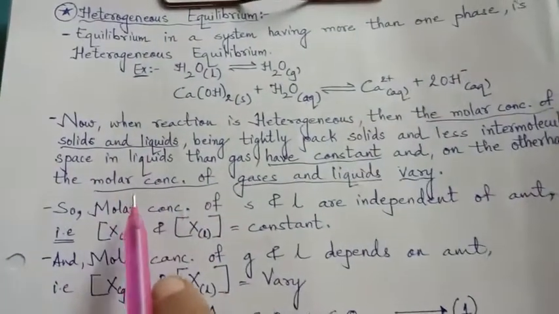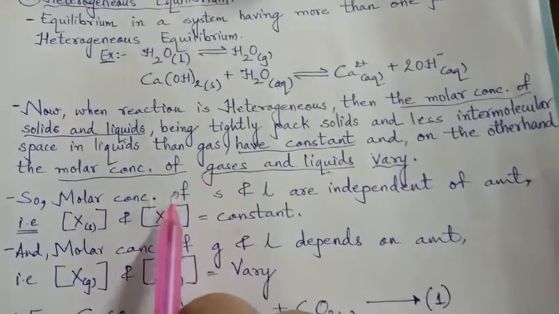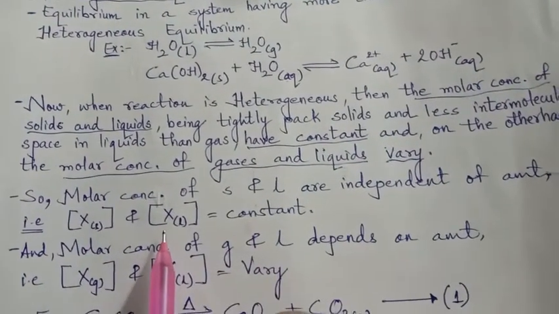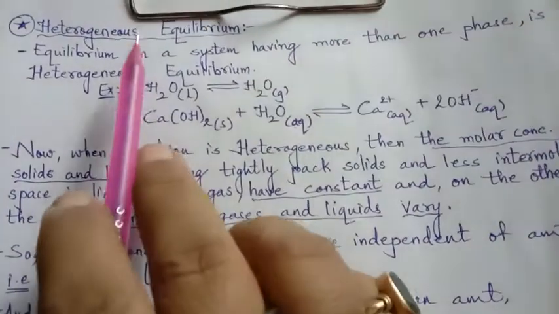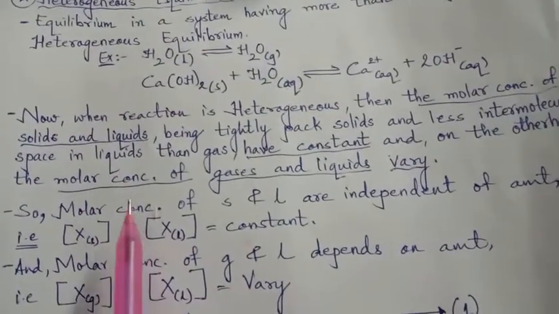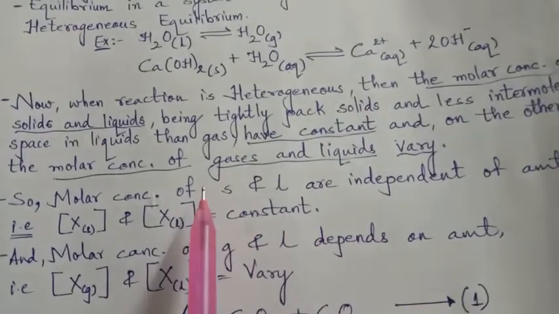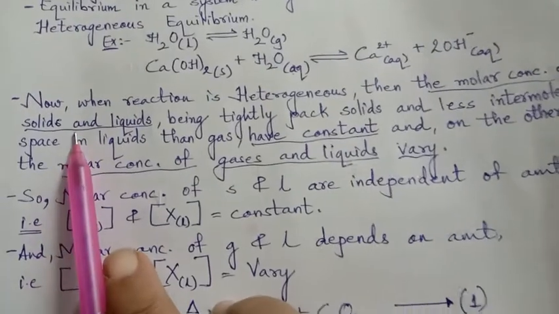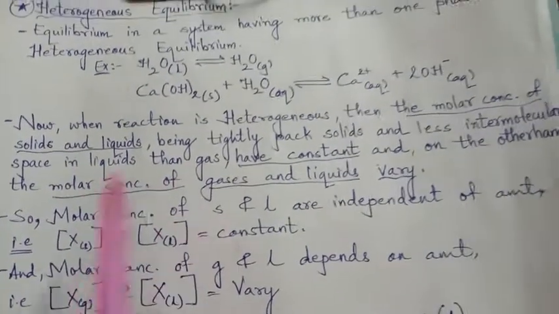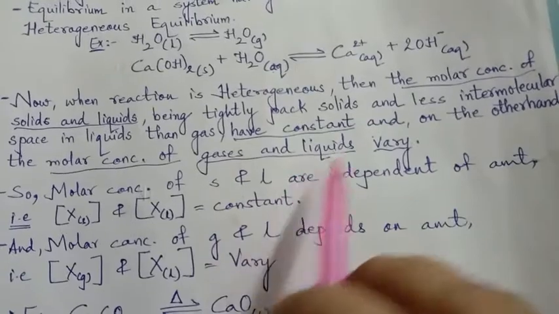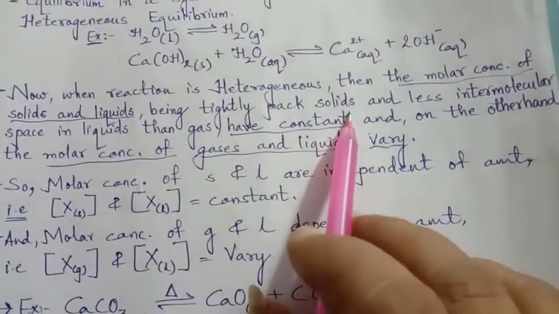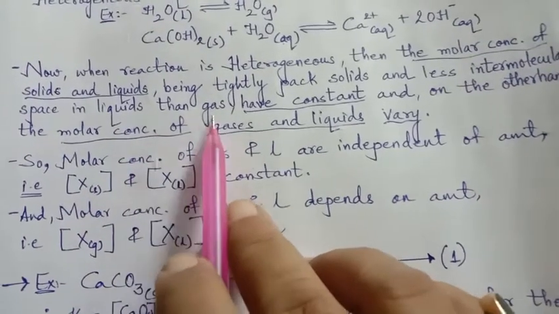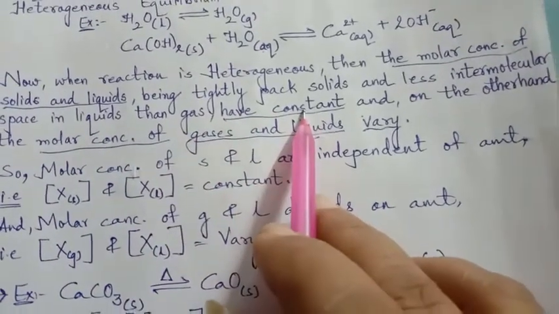Now when a reaction is heterogeneous, consider the molar concentration of solids and liquids. When the reaction is carried out among solids and liquids, as they are tightly packed, with less intermolecular space than gas, they have constant concentration.